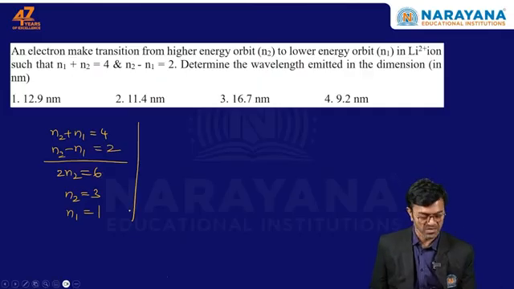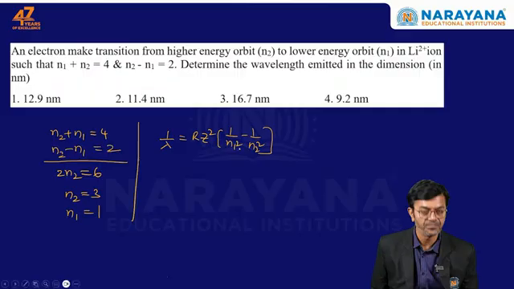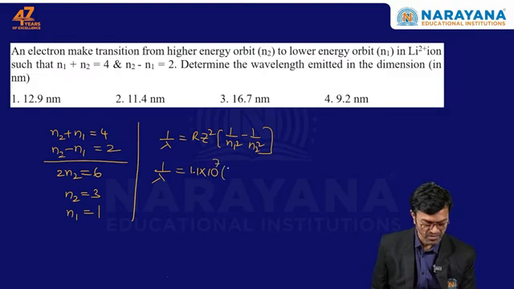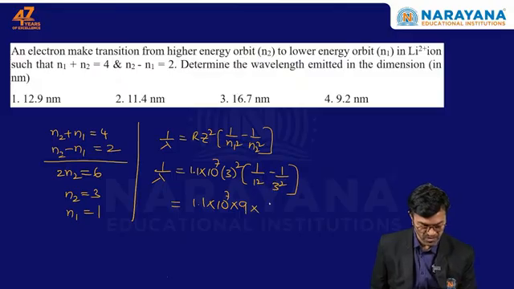We know Rydberg's equation, that is 1 by lambda is equal to R Z square into (1 by N1 square minus 1 by N2 square). So for 1 by lambda, R value approximately I am taking as 1.1 into 10 to the power of 7 per meter. Z for lithium is 3, squared, into (1 by 1 square minus 1 by 3 square). So 1.1 into 10 to the power of 7 into 9 into 8 by 9.